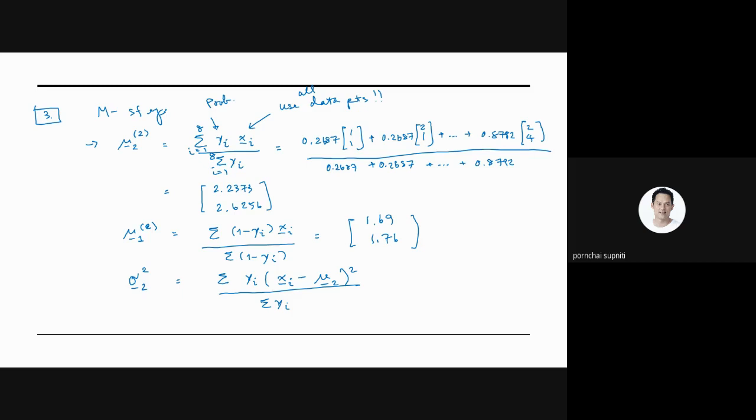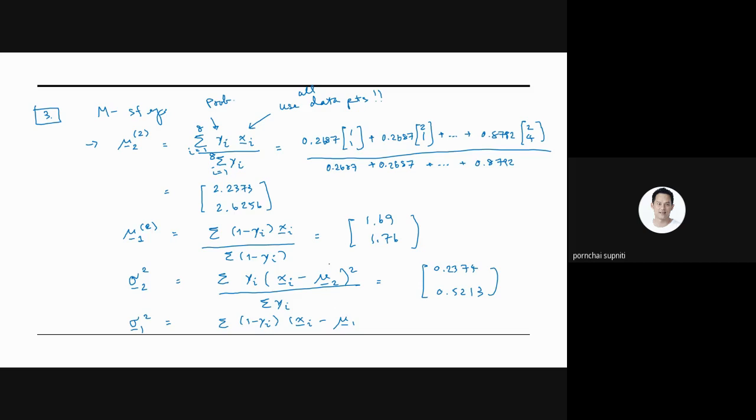And for this one, I get something like 0.2374 and 0.5213. Okay. Oops, I forgot to compute one more. And then for sigma 1 square, I do the summation of 1 minus gamma i times xi, but here I subtract mu1, not mu2.